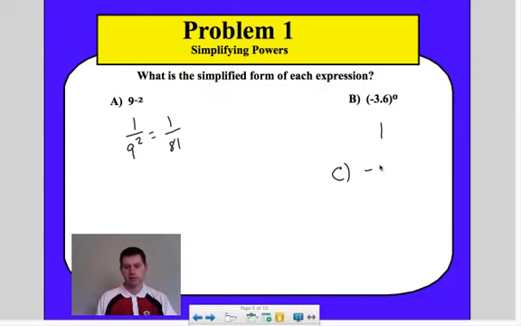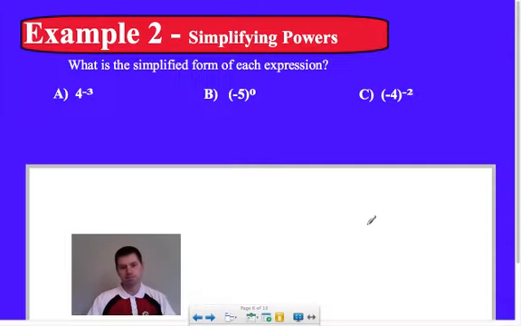If I would have made this negative 3.6 to the 0th power, the negative is now not included, so the negative comes straight down, but 3.6 is raised to the 0th power, which makes that 1. Okay, so that's why we need to really focus on putting parentheses on. And I know I harp on that in class, but you need to make sure you have parentheses.